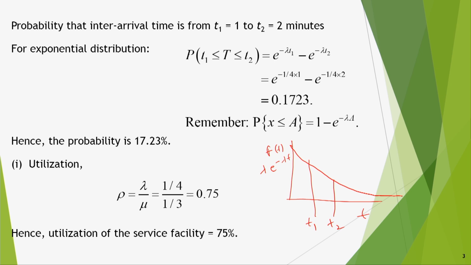Okay. So, in this formula, this is e to the power minus lambda T1.